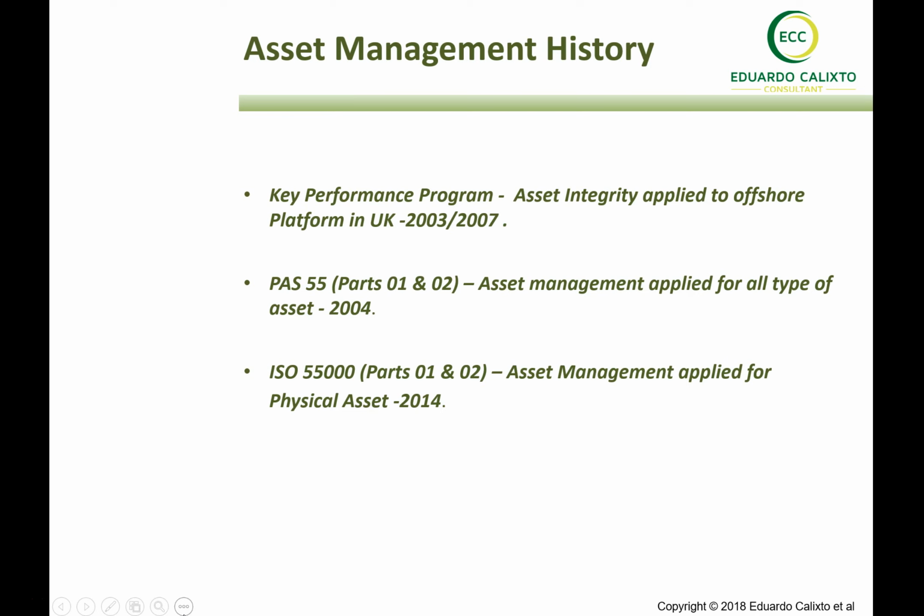So we have part 1 and 2, again definition and implementation, and ISO 55000 was defined for physical assets, and that's more specific for our process plants. Okay, so I will not go into details about asset management here. Again, we have a specific training module to discuss asset management where all the information about the standards is defined.